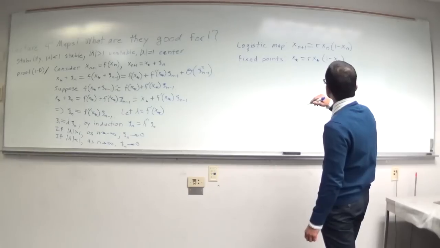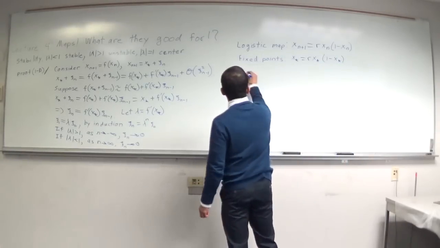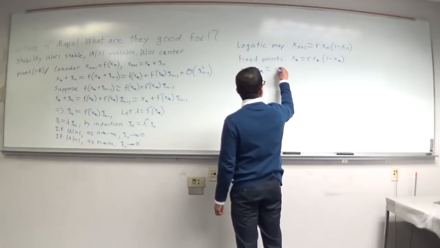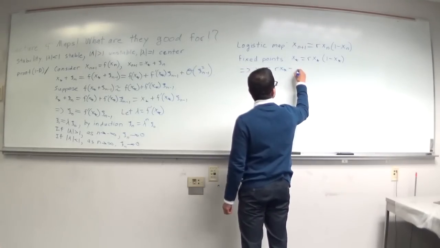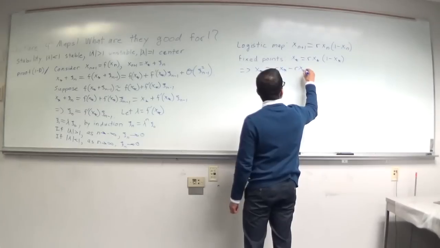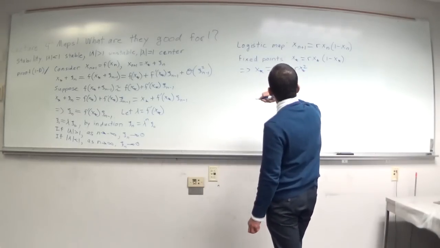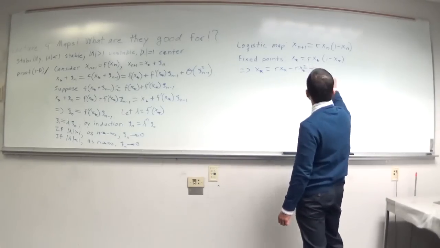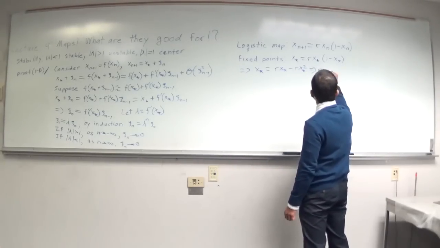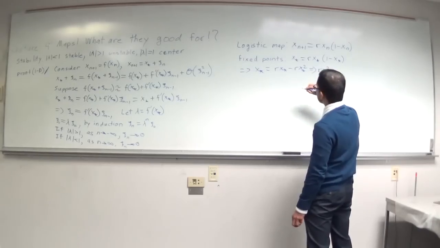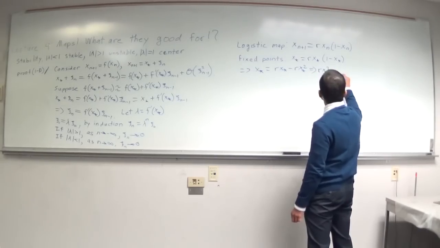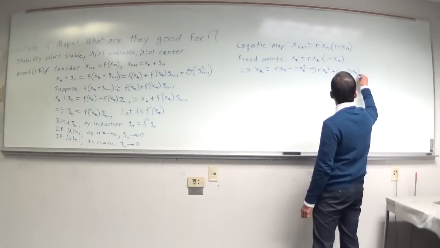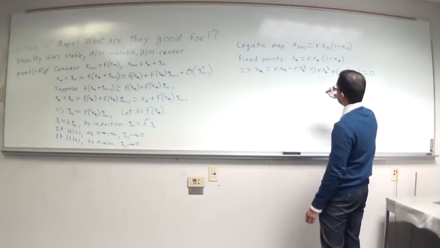We get x star equals r x star minus r x star squared. We bring that to the other side: r x star squared plus (1 minus r) x star equals 0.